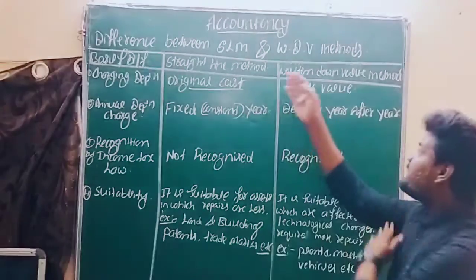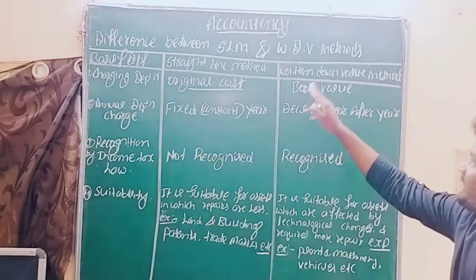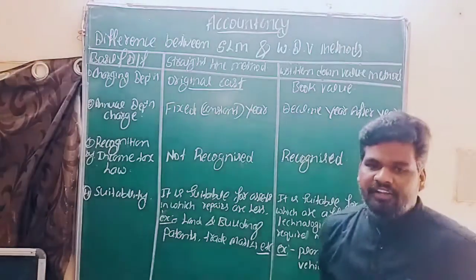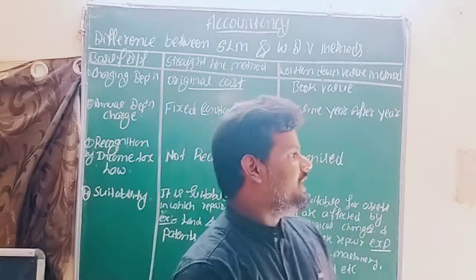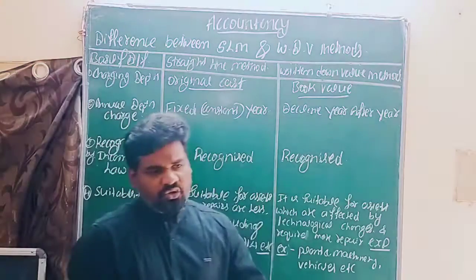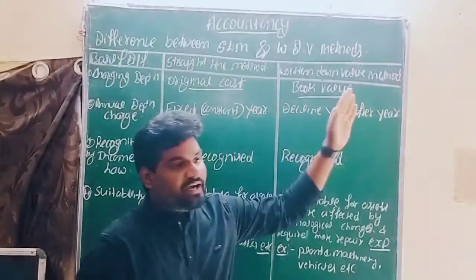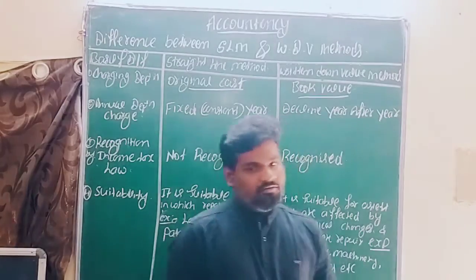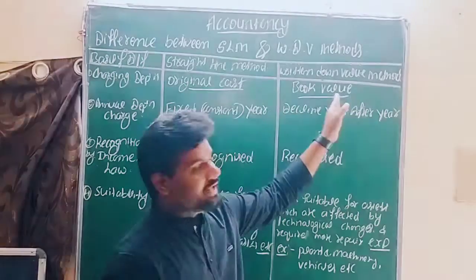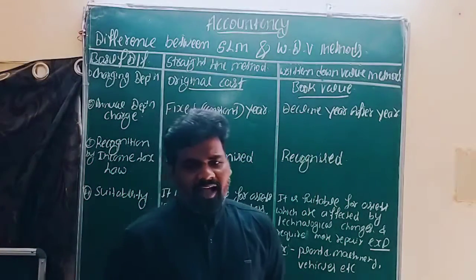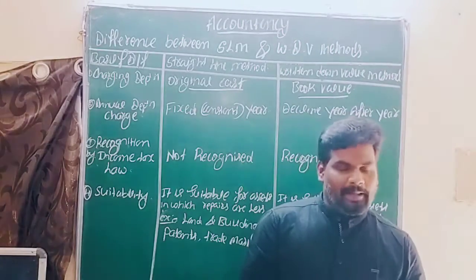On the opposite side, under the written down value method, the amount of annual depreciation is calculated on the book value for the year. The book value means the current balance of the asset, the current year value, and on that value only we calculate the annual depreciation.